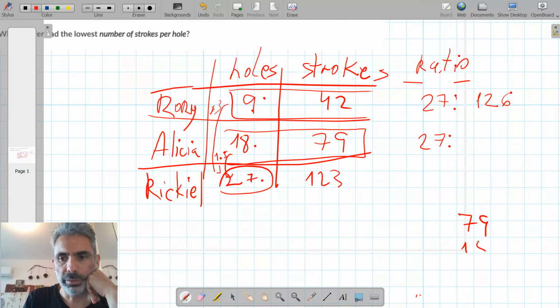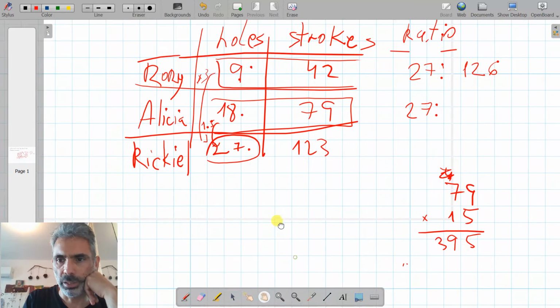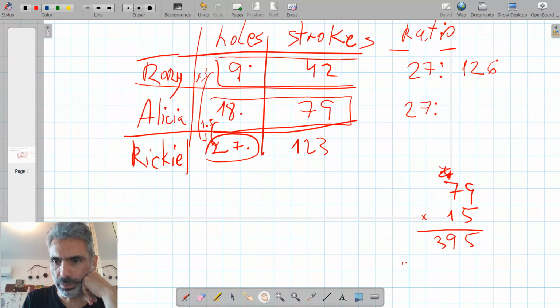79 times 15, and then I will add the decimal point. 5 times 9 is 45. 5 times 7 is 35, plus 4 is 39. Cross out this, and 1 times 9 is 9, 1 times 7 is 7.